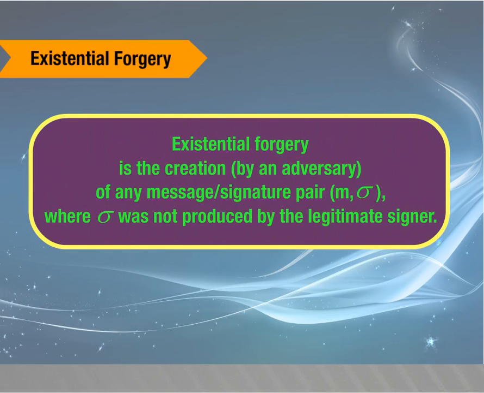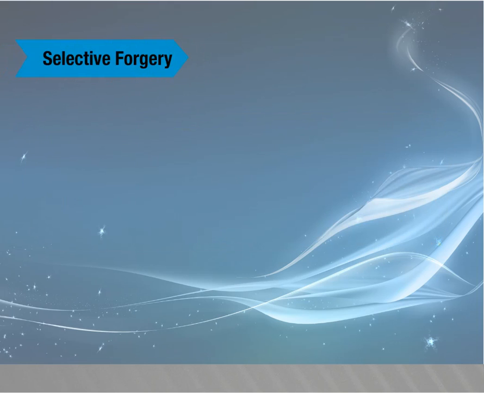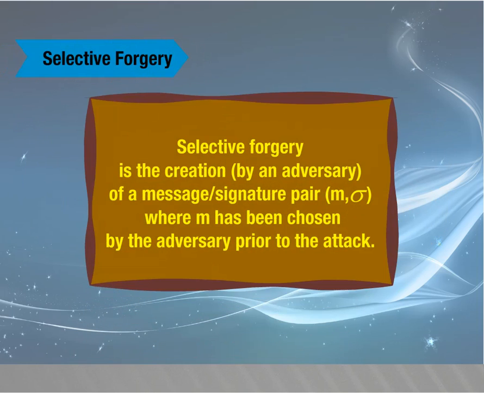Existential forgery is the creation by an adversary of any message and signature pair (M, sigma), where sigma was not produced by the legitimate signer. Selective forgery is the creation by an adversary of a message and signature pair (M, sigma), where M has been chosen by the adversary prior to the attack.